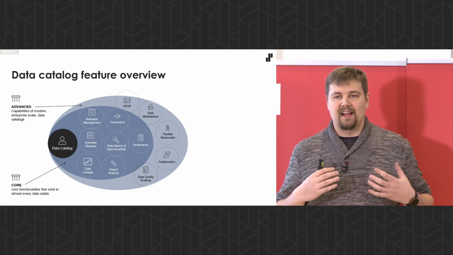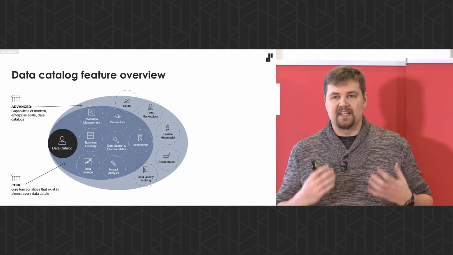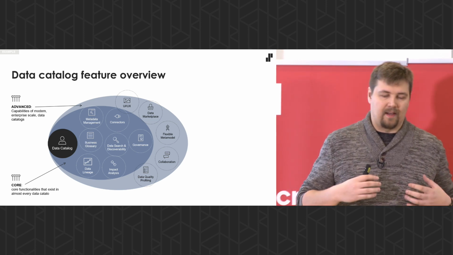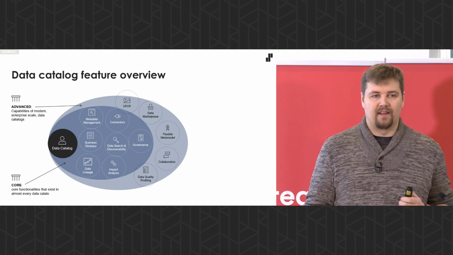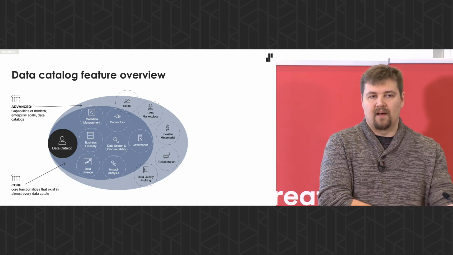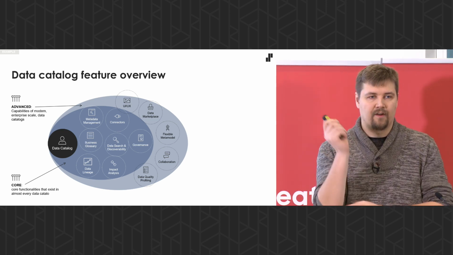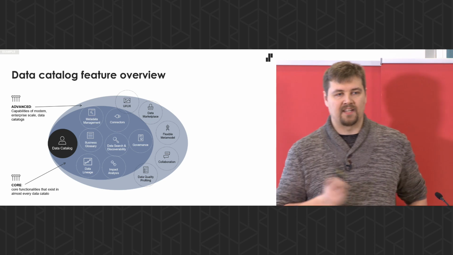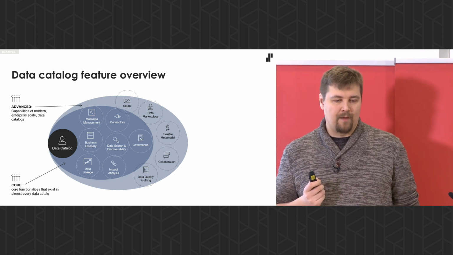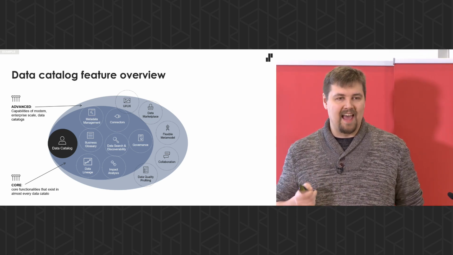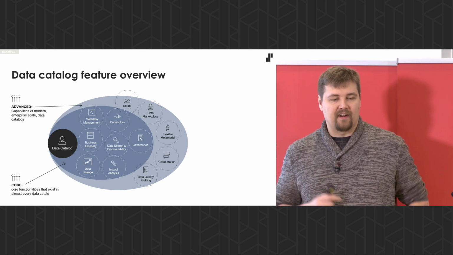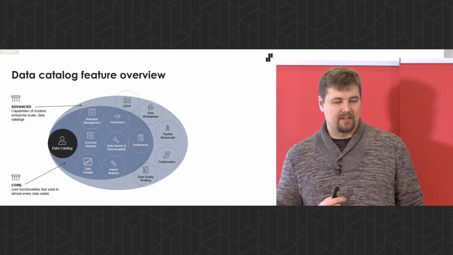Making the catalog usable, making it business friendly, really putting effort into usability. That's a major competitive factor for many of our clients as well, because that's something that will really help with the behavioral change when it comes to catalogs.